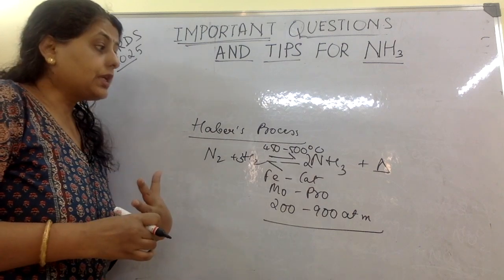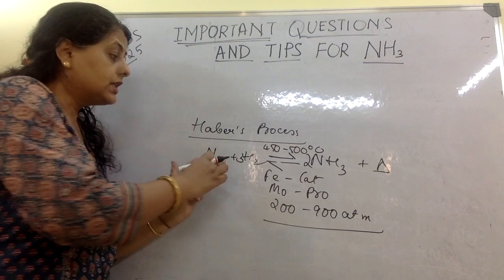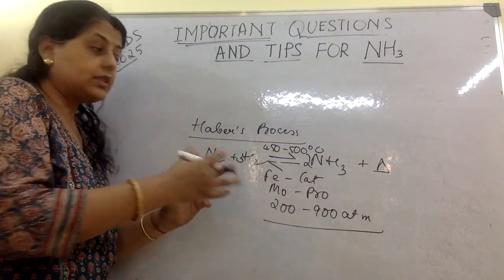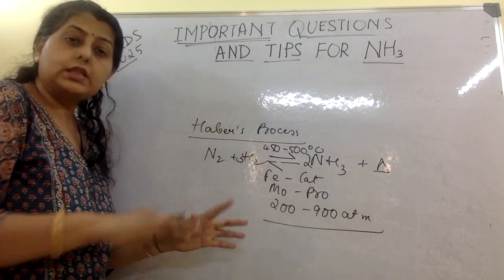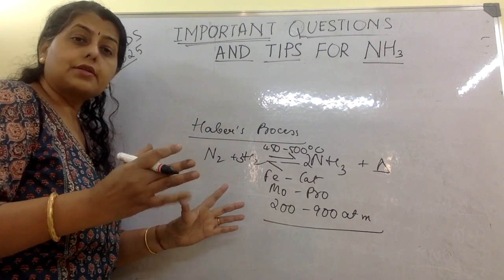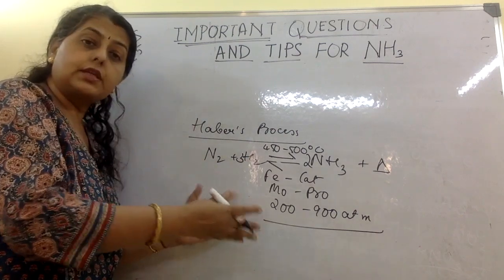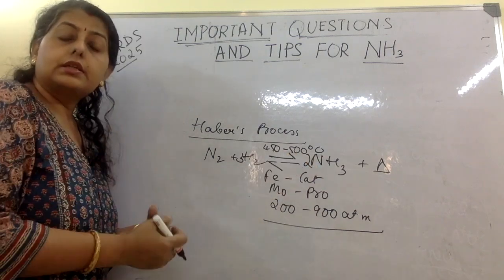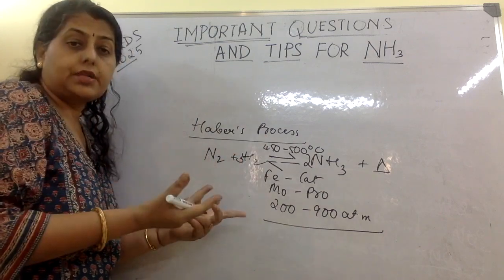Now what is the meaning of a reversible reaction? If you have not understood, it means these two will produce ammonia. If this ammonia that has been produced is not being taken out immediately, and it is being left in this setup, then under the same conditions, being reversible, it now splits to nitrogen and hydrogen.